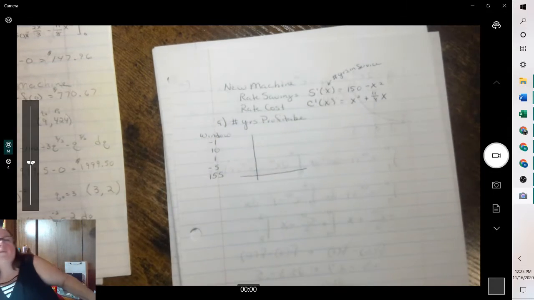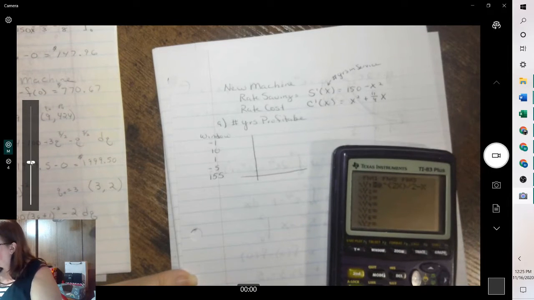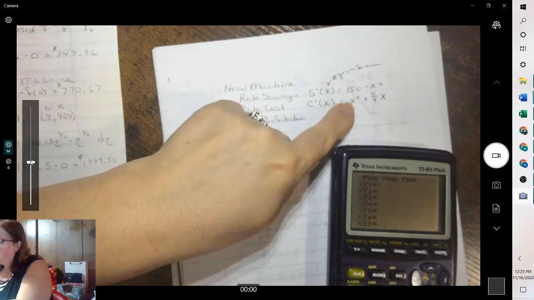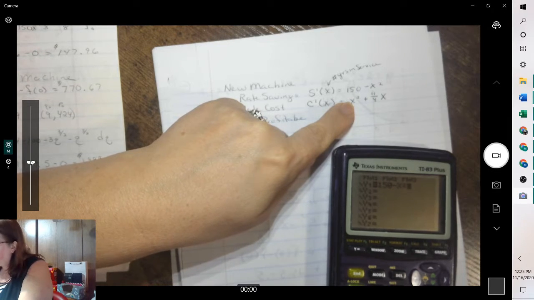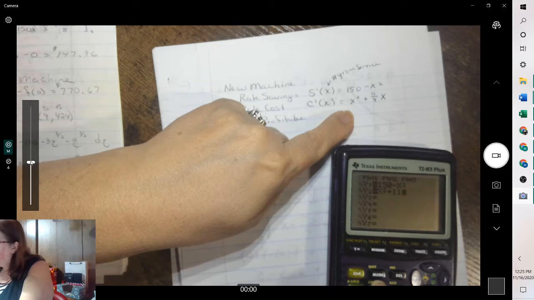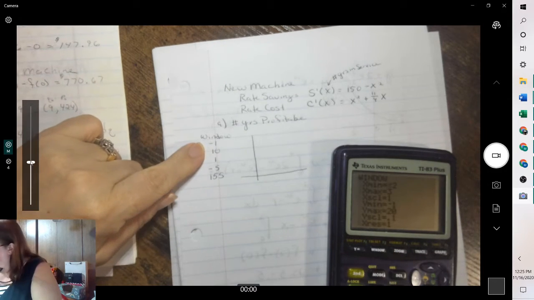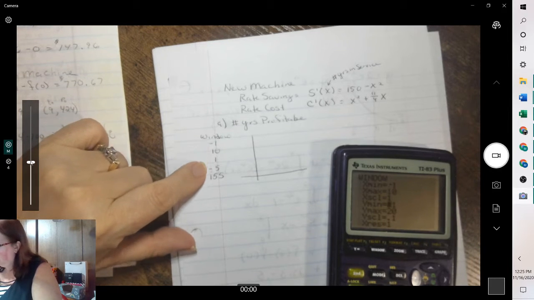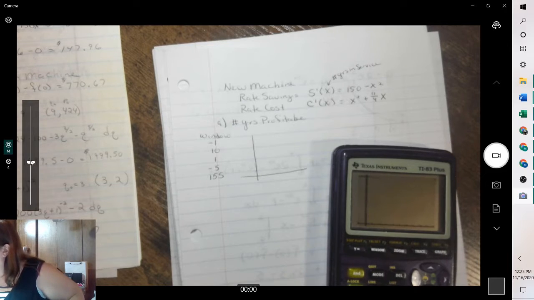So you plug both of them into your calculator: 150 minus x squared and x squared plus 11x divided by 4. Window, -110, -5, 155. And hit graph.